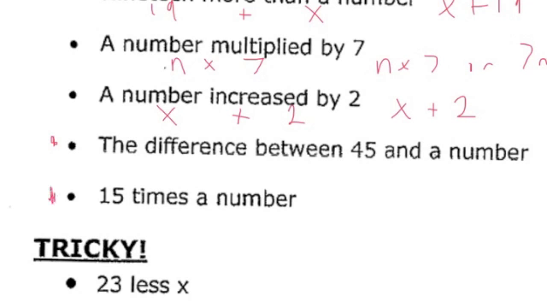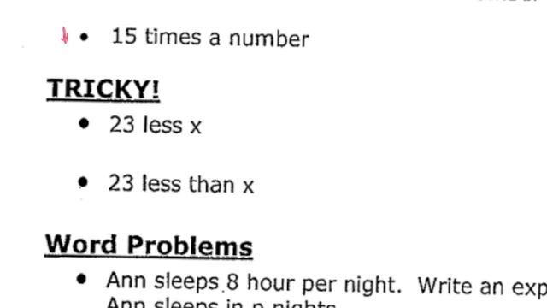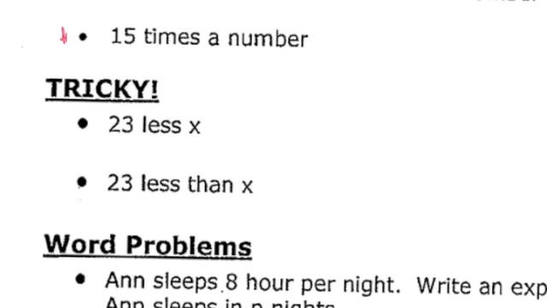Okay, let's try a couple that are a little bit more tricky. So we have 23 less x. Remember less means subtraction. So we have 23 less x. This time we have 23 less than x. It's a little bit different.